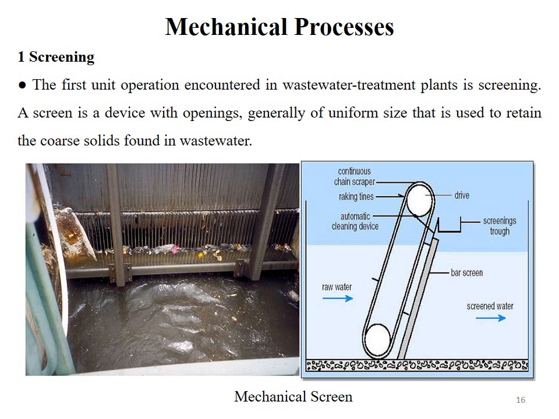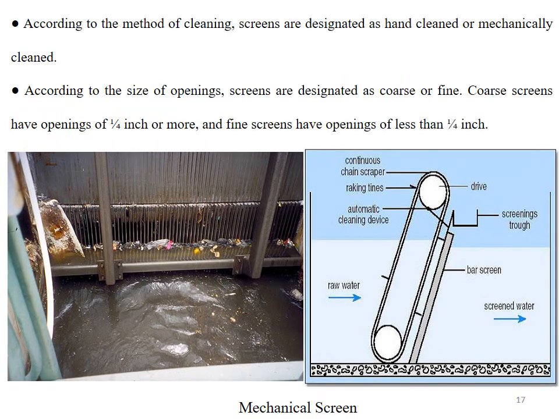The process of screening is shown in this figure, which is also explained in the next slide as well. According to the method of cleaning, screens are designated as hand cleaned or mechanically cleaned. The left side figure is representing a hand cleaned screen, and the right side figure is representing a mechanical screen.